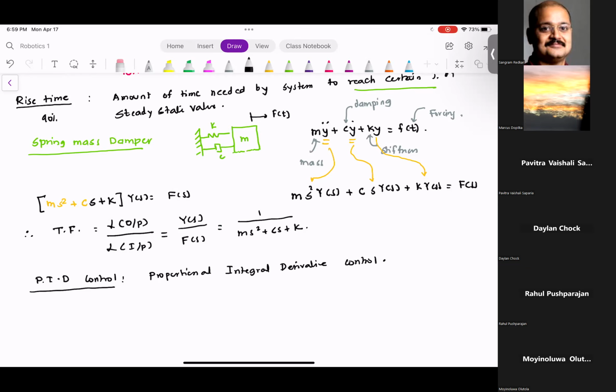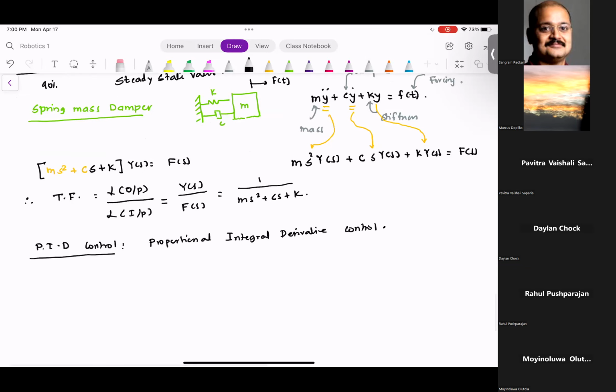So what happens is we add a controller term to control the dynamics that is proportional to error. We add a controller term which is dependent on the integral of error, and we add a controller term which is dependent on the derivative of error.